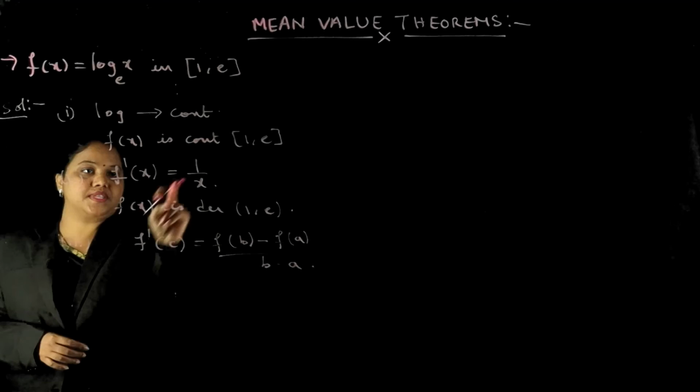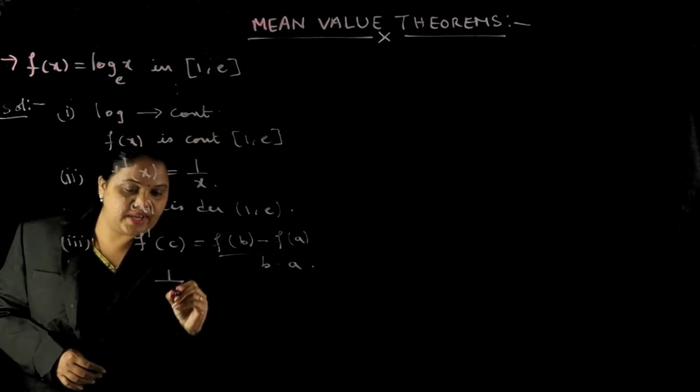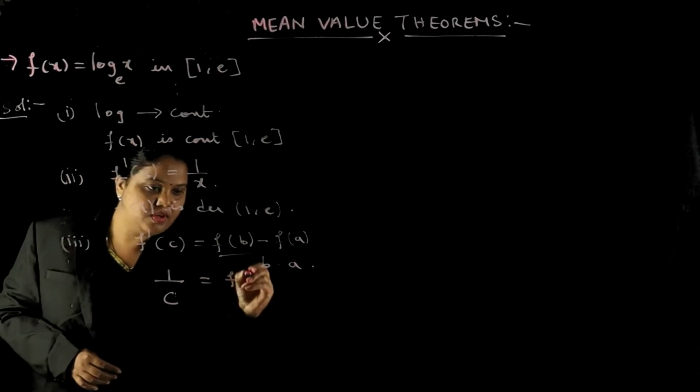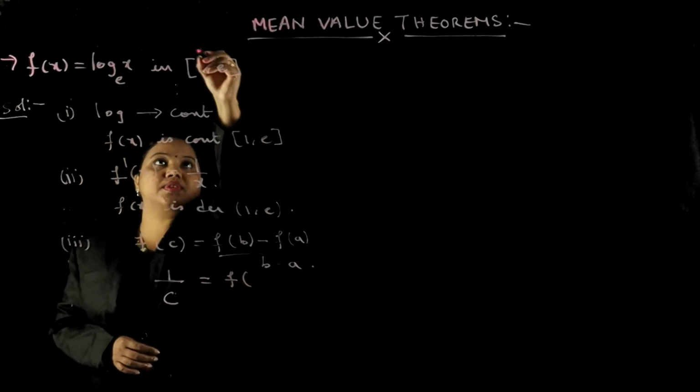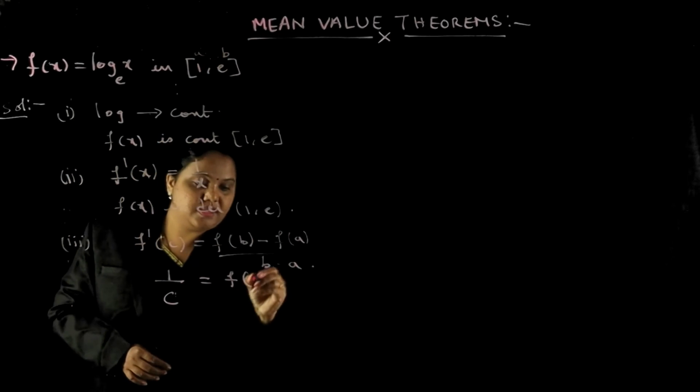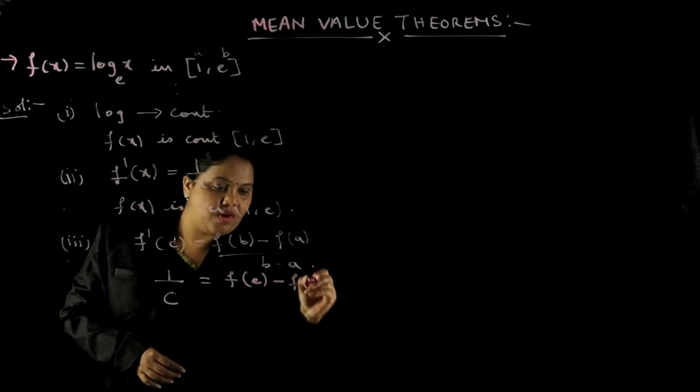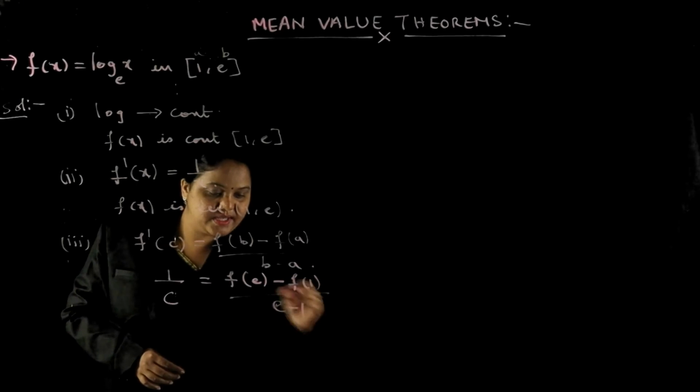So f dash of c, I substitute here: 1 by c will be equal to f of b minus f of a by b minus a. The value of a is 1, b is e, so this is f of e minus f of 1 by e minus 1.